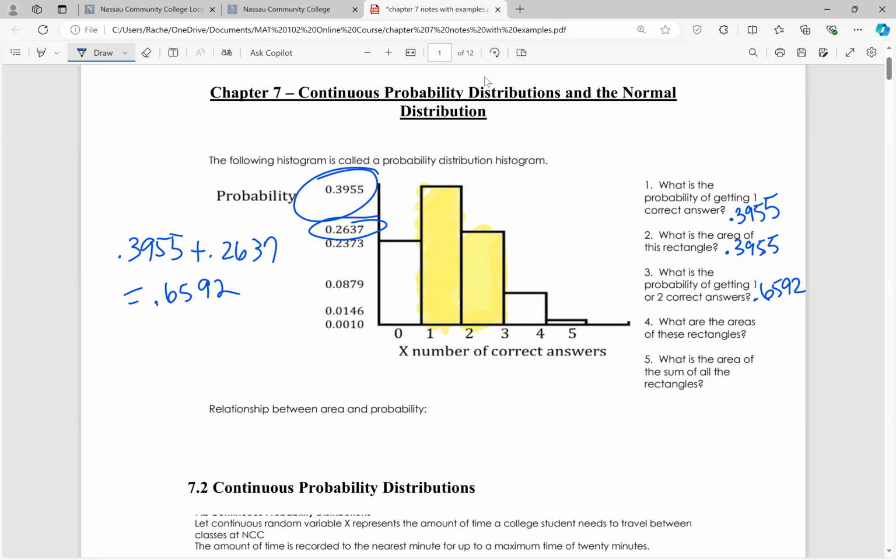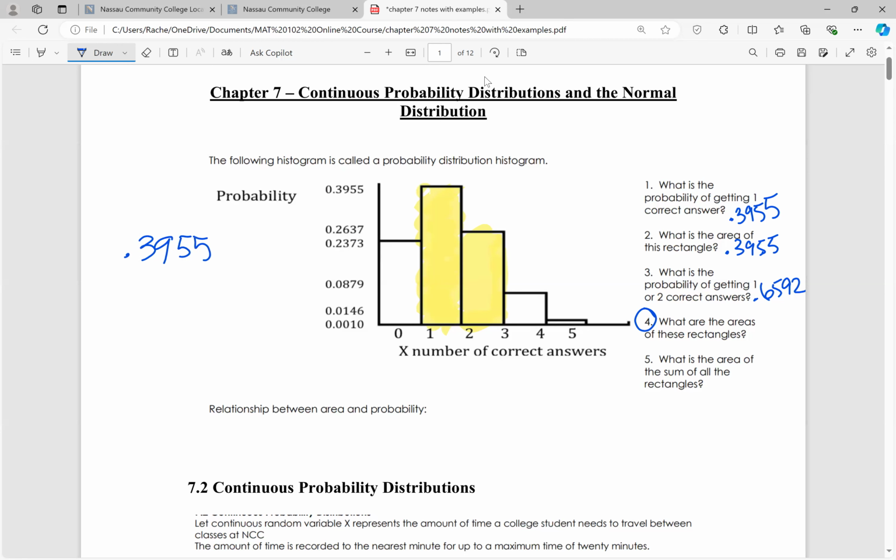So now I'm going to go back to the similar question that I asked you before. What are the areas of these rectangles? So what's the total area now in these shaded rectangles? Well, we know the area of the first rectangle because we just did it in part 2, right? So the area of the first rectangle is 0.3955. Now the area of the second rectangle is length times width.